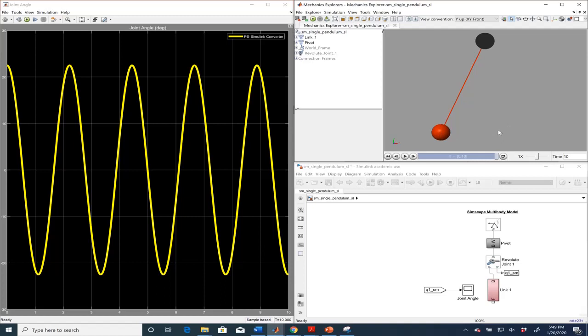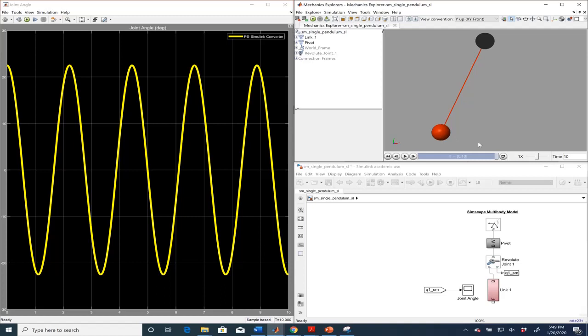Now we know that in reality that doesn't really happen. There has to be some loss in this particular pivot, which means some of the potential energy I start with initially doesn't get converted to kinetic energy.